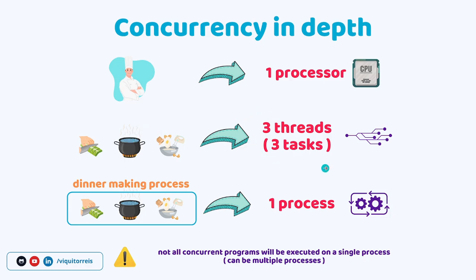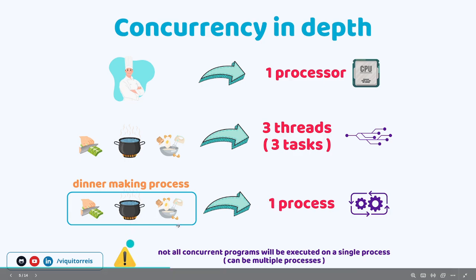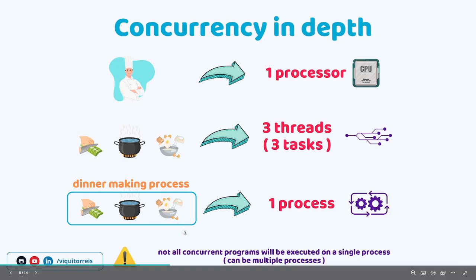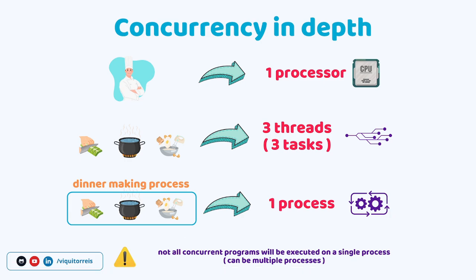In our example, we have three threads, which are essentially three tasks, right? And this is the dinner making process, which is the combination of the three threads, right? Which is essentially one process. So please notice that not all concurrent programs will be executed on a single process.